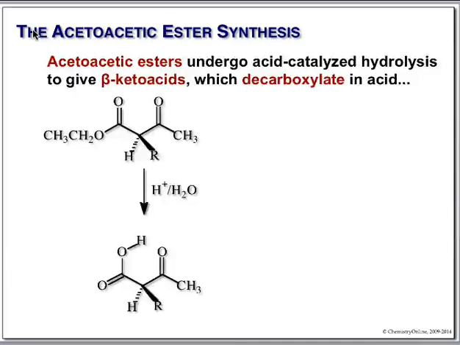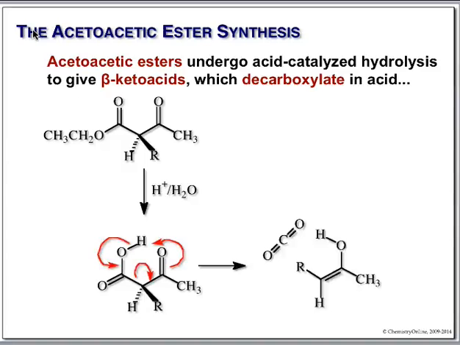Except instead of having carboxylate on both sides, here we just have a ketone. But it works exactly the same way. This is a beta-keto acid, and they decarboxylate just as easily as the others. Going to lose this as CO2, and we're left with this.